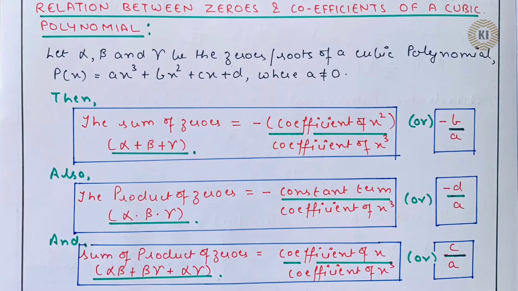Suppose these are the three combinations. If we take the three roots in combinations of 2, it will be equal to c by a. So these three things are the relations. I'm not going into very much detail because you only have to learn it. The concept behind it and the understanding part I have discussed earlier.